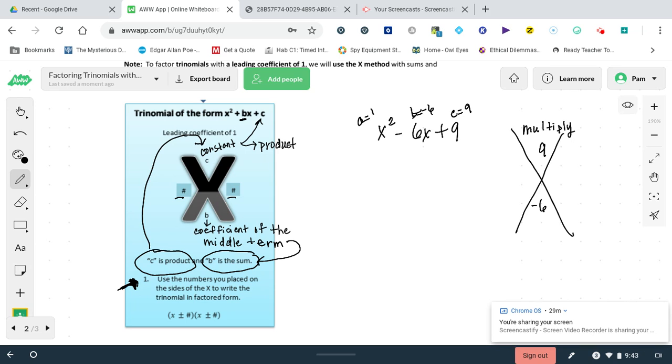It's a positive, so I either have a positive times a positive or a negative times a negative to get that positive 9. Well, look at the bottom. This number is negative, which tells you you have a negative times a negative.